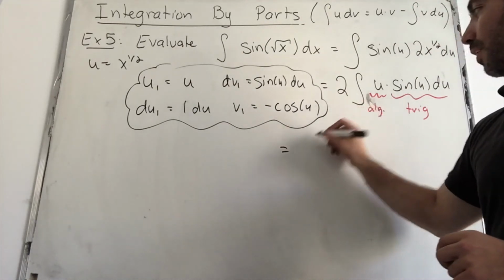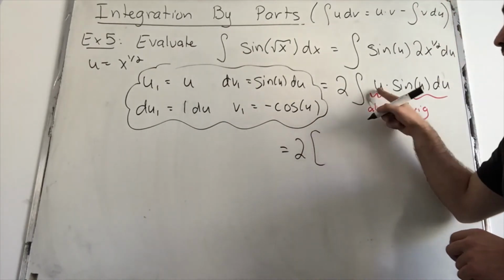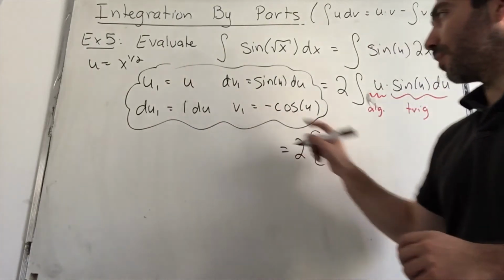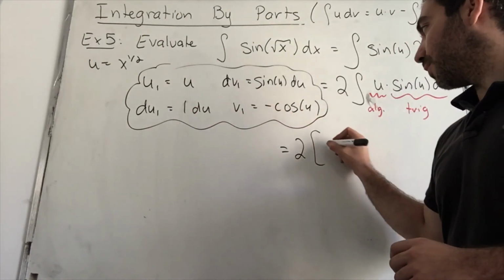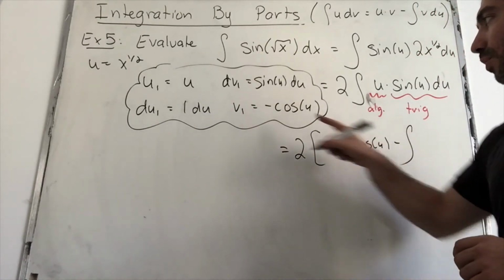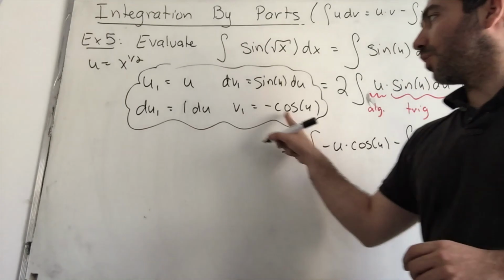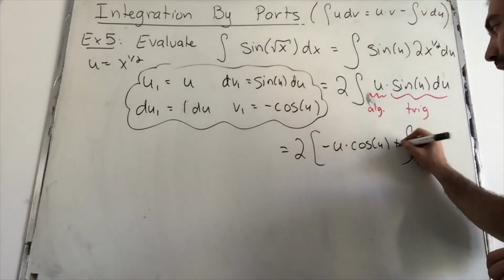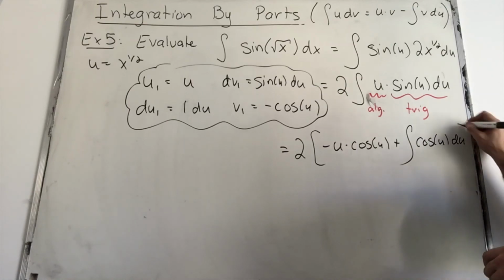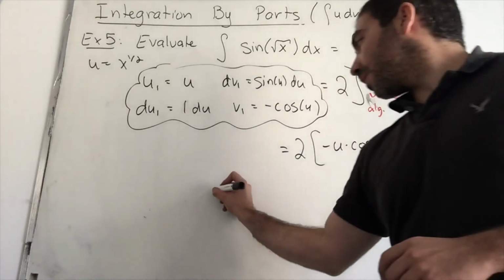This is equal to, the 2 is still in the front, and the integral of u dv becomes now u times v, or top left times top right. So u times negative cos of u, negative u times cos of u, minus the integral of v du. So negative cos u times 1 du. The two negatives turn this into a positive, and we're left with integral of cos u du, which we know how to integrate now.